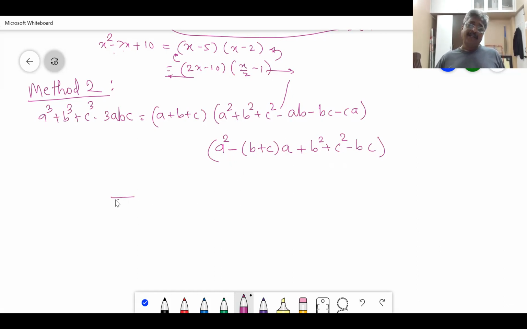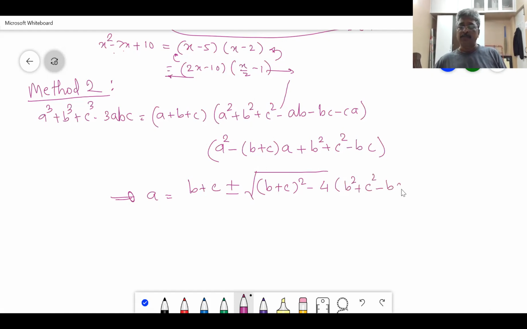So the factors of a quadratic equation we know. a is equal to minus b plus c, minus b, plus or minus under root b plus c bracket square minus 4, a is 1, c is b square plus c square minus bc, upon 2a. Sorry, a is 1.